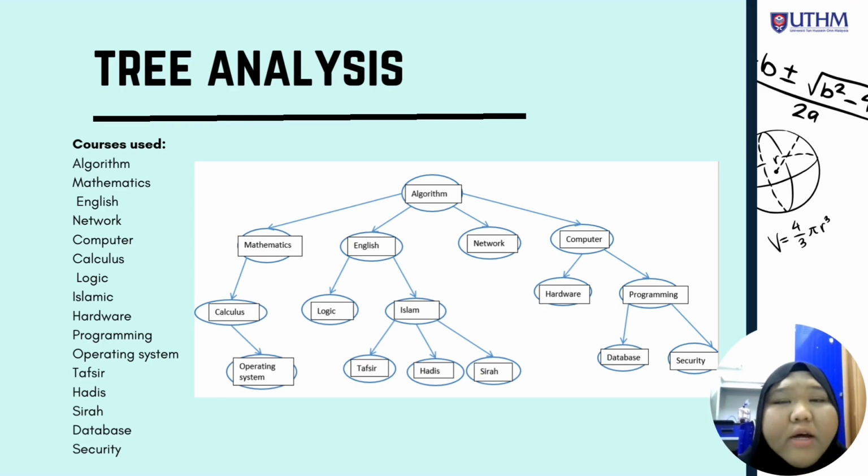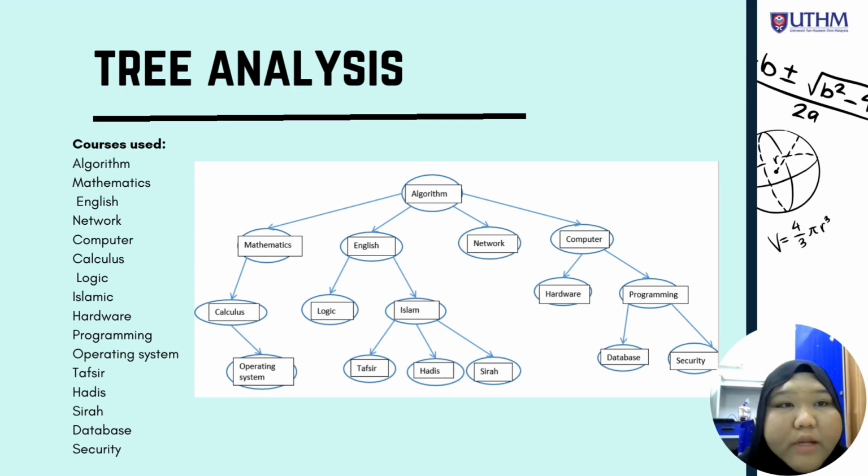For example, under mathematics, students need to take calculus, and from calculus, they must complete operating system, which shows a clear learning progression. Under English, the course branches into logic and Islamic, and Islamic is further divided into tafsir, hadith, and sirah, representing more specific subjects.